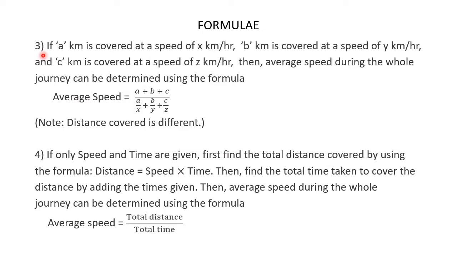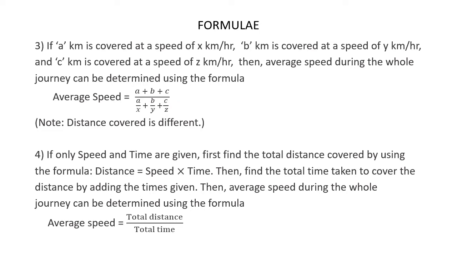Third formula. If A kilometers is covered at a speed of x kilometers per hour, B kilometers is covered at a speed of y kilometers per hour, and C kilometers is covered at a speed of z kilometers per hour, then average speed during the whole journey can be determined using the formula average speed is equal to A plus B plus C divided by A by x plus B by y plus C by z.